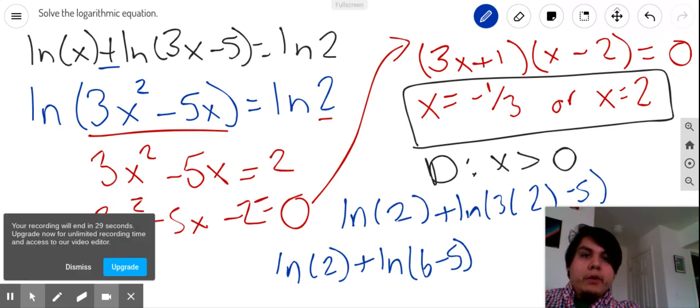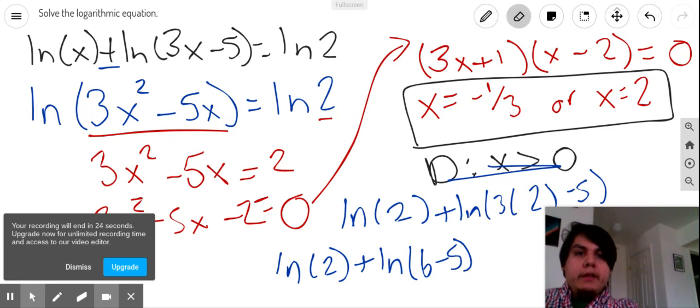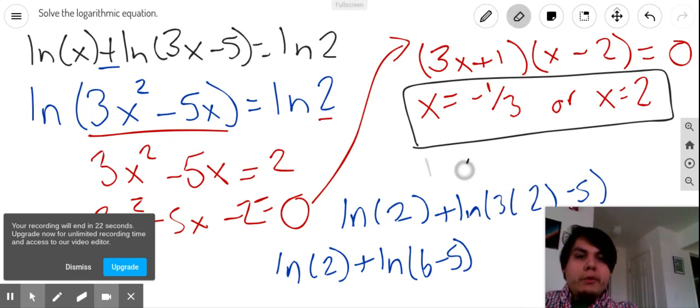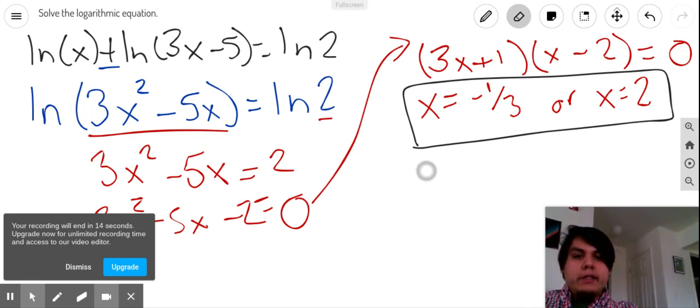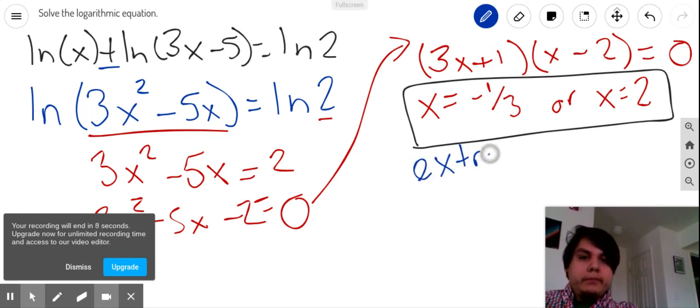So we're going to say that the negative answer, x equal to negative 1/3, is an extraneous solution, and that the only real answer we get is x equals positive 2. All right, so extraneous.